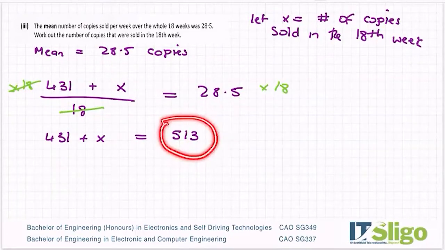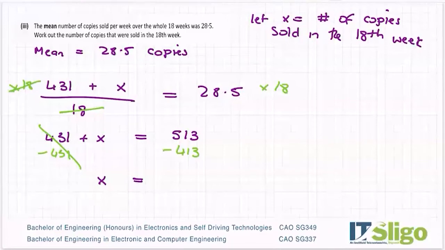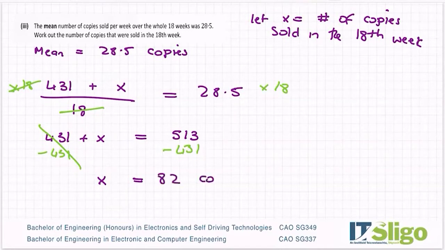Now I'm going to subtract 431 from that, because that's the sum total that were sold in the first 17 weeks. That will leave just X, the number of copies sold in the 18th week. So 513 minus 431, I'm getting 82 copies sold in the 18th week.